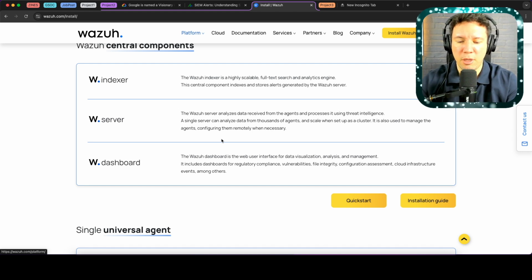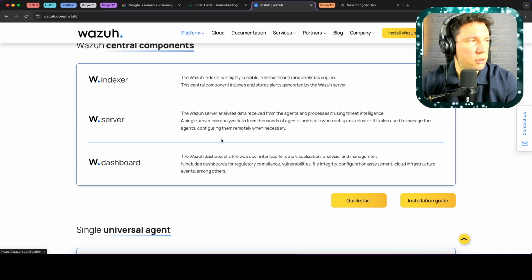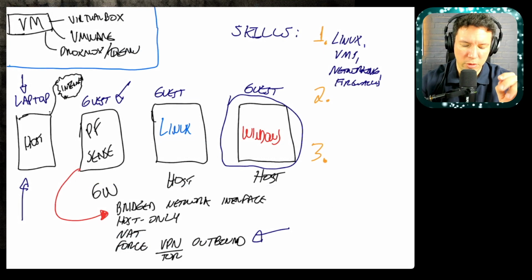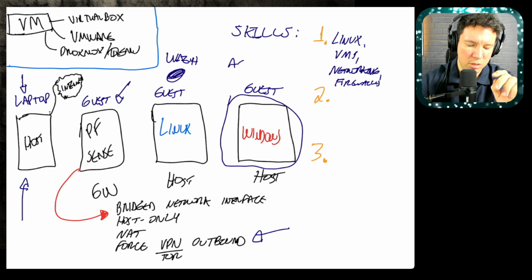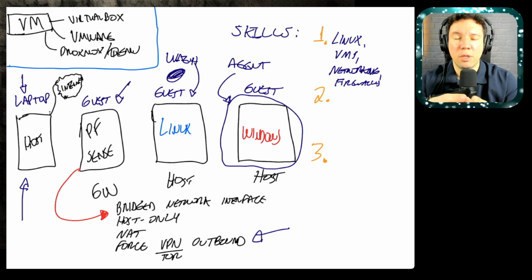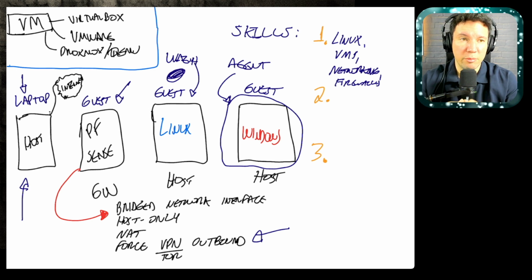So for example, here we're going to have Wazuh installed. The server you can install on this VM here, and here the agent you can install on the Windows VM. So that's the idea for step number 2.